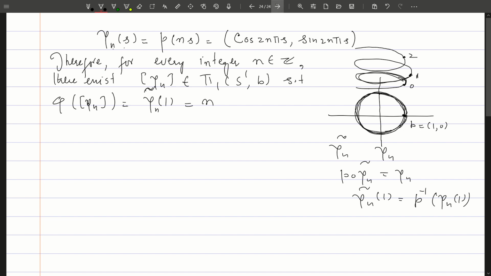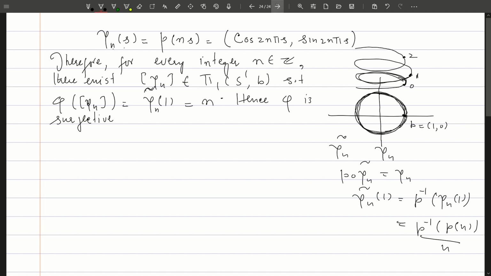But gamma n of 1 is p of n, so this is p inverse of p of n, which is the set of integers containing n. Since this gamma n tilde is unique, this has to be equal to n. So this proves the surjectivity of phi. So hence phi is surjective.